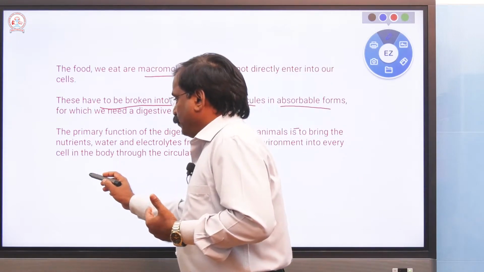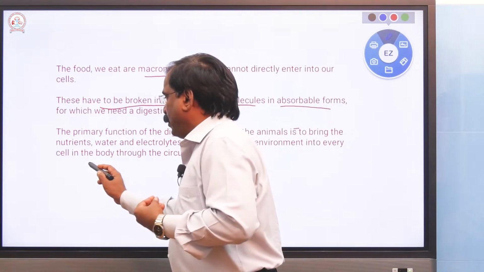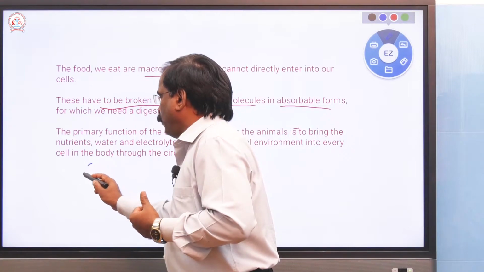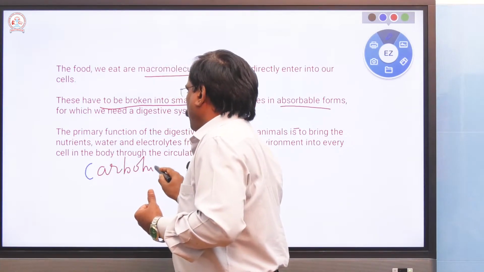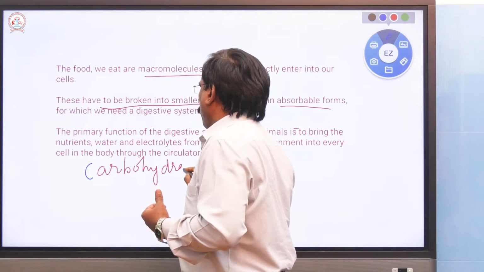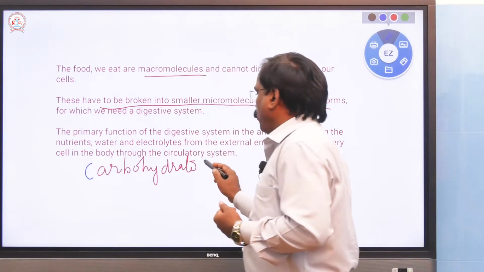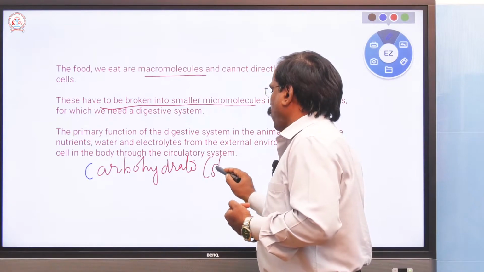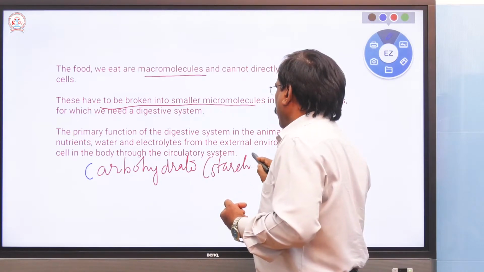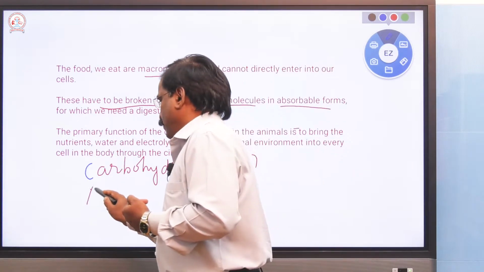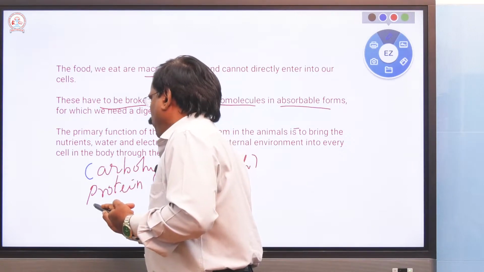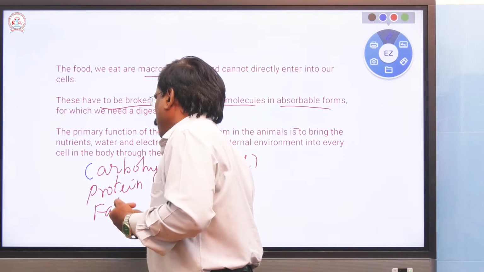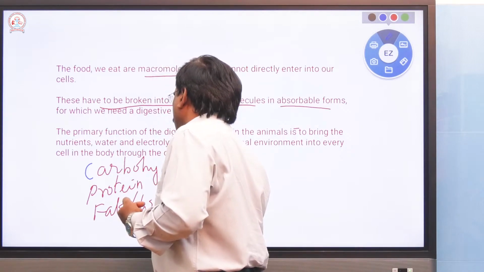We eat food; the major portion contains carbohydrate. We consume carbohydrate in the form of starch, and protein, fat or lipid.